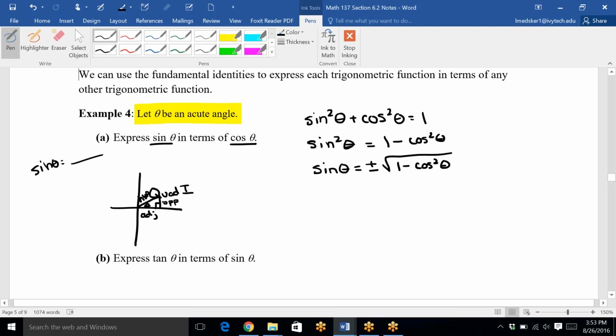So because in this space, sine is opposite over hypotenuse, in this situation, y's are going up, so those are positive, and this distance is also always positive. So that is why we know that sine theta is greater than 0 for all acute angles.